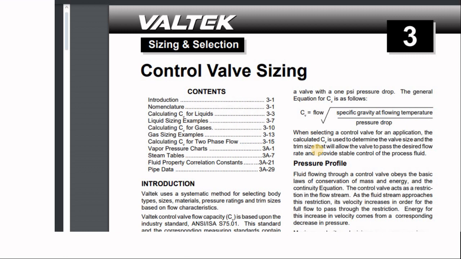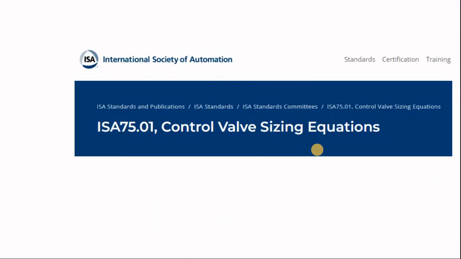They explain how they calculate their Cv for their valves, and so on. But a lot of engineering companies and refineries now rely on ISA 75 for the control valve sizing equations. So back to the vendors, they will give you their own method of calculating their Cv, the control valve coefficient, but also they will provide you with a method based on the ISA requirement.